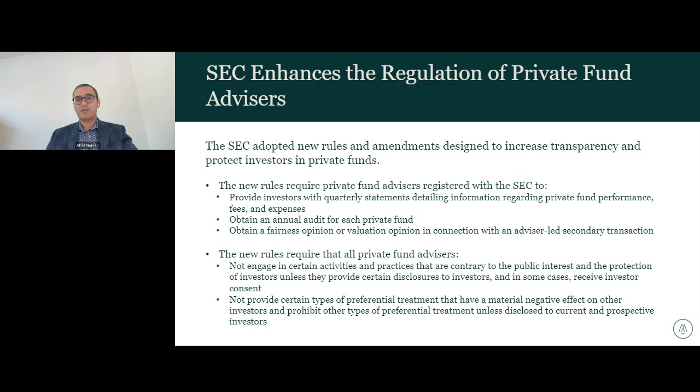Some of our clients are already doing this and engaging a third-party valuation specialist to do the valuation of these transactions. Typically, the company is doing great but the advisor believes it will continue to grow and increase in value, so they launch a new continuation fund and sell it to that fund. The effective date for this rule for smaller RIAs, advisors managing funds of less than 1.5 billion, will be 18 months after publication.